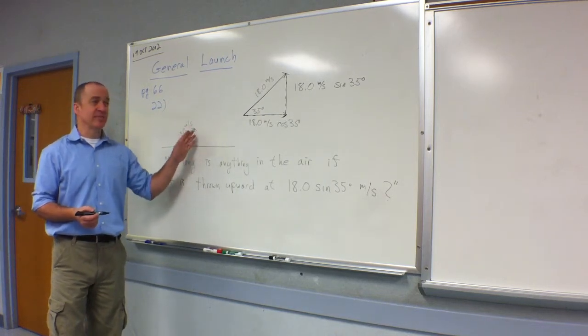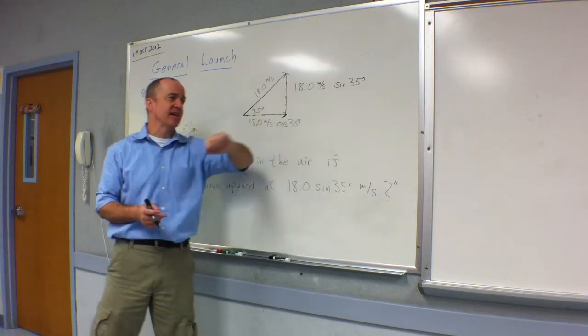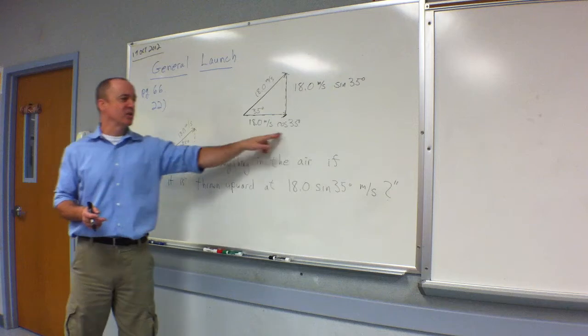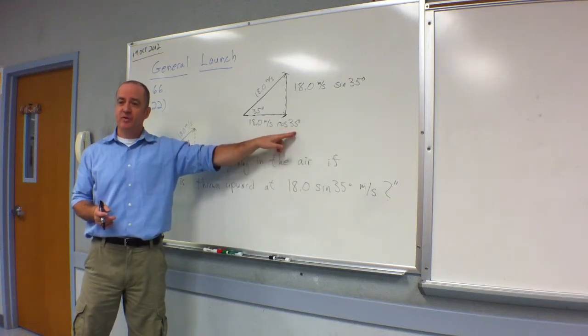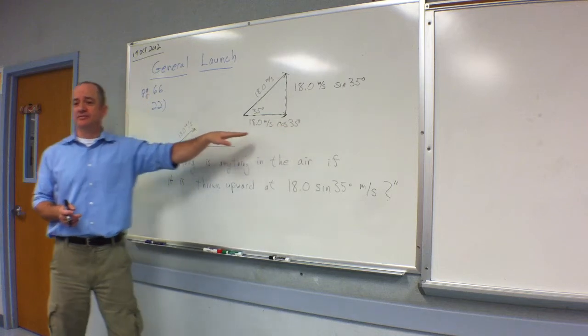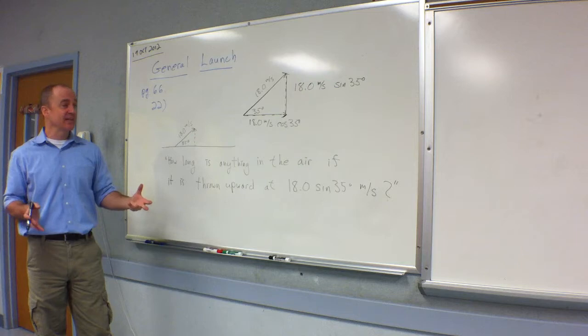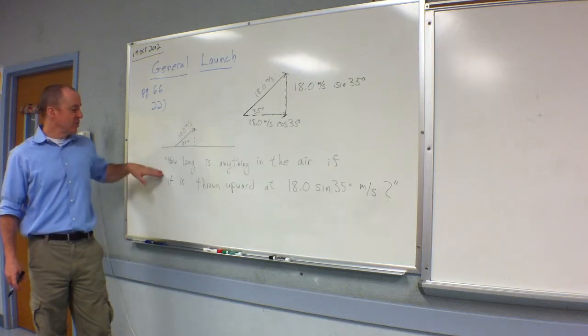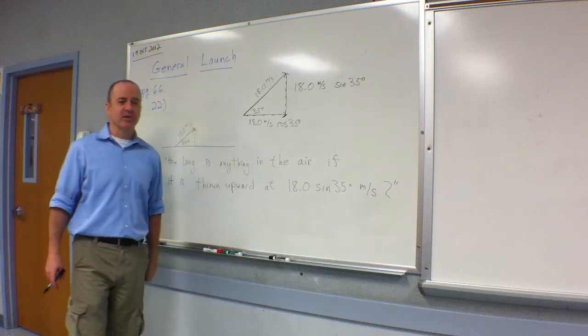We can pretend it's just moving straight up at 18.0 meters per second times the sine of 35 degrees, but it is also doing this, so in real life the only exception is if it hits something. What if somebody catches it before it hits the ground? Then this won't be accurate. But we're assuming that doesn't happen. So this is the question we have to ask. Can they totally ignore the horizontal part on this one?